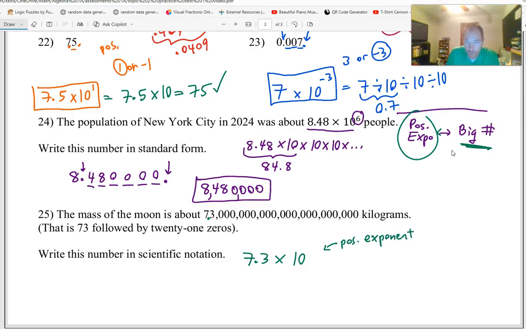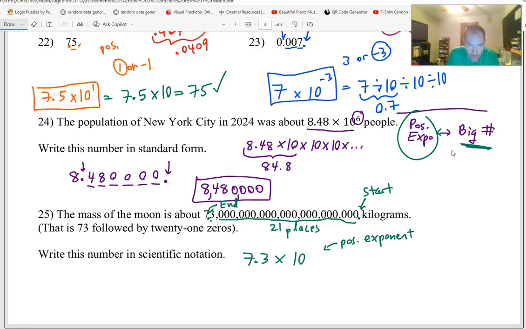So remember, this is a whole number, so really the decimal point is starting all the way on the right, and I need it to end in between the 7 and the 3. So I've already mentioned that it's 21 zeros. So getting here is 21 moves, 21 places with all those zeros.